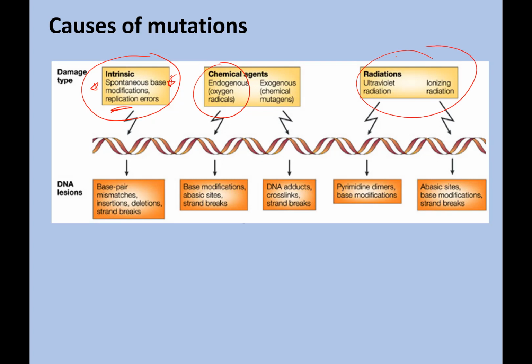There are some physical causes of mutations, especially radiation. So we all know that you have to be careful going out in the sun because the ultraviolet radiation can cause damage to your DNA. And then there's chemical mutagens, which we also call carcinogens.